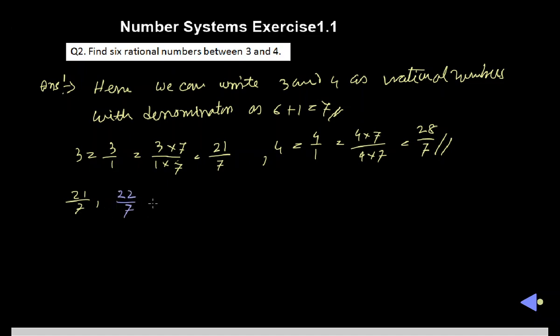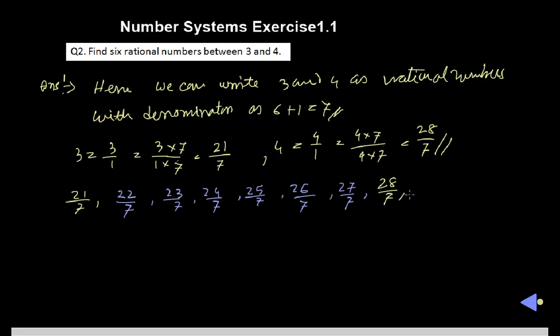The next one we have to add 1. Okay, 23 by 7, 24 by 7, 25 by 7, 26 by 7, 27 by 7, and finally the given rational number is 28 by 7.